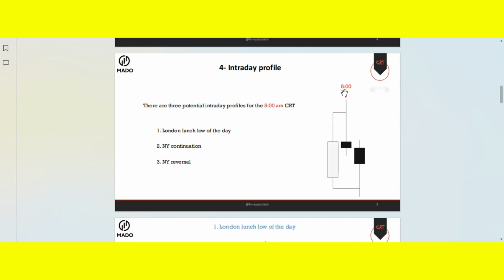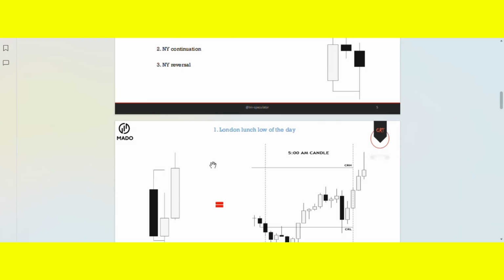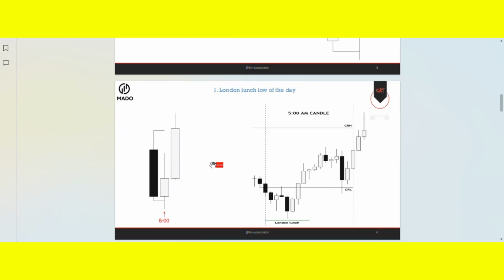So this is the range, this is the manipulation, this is the distribution. This is the London lunch low of the day.